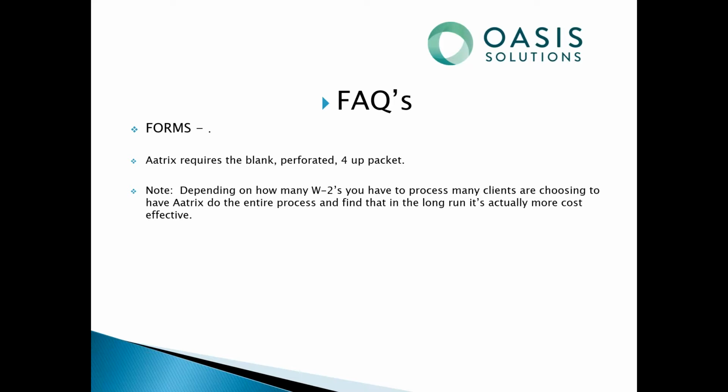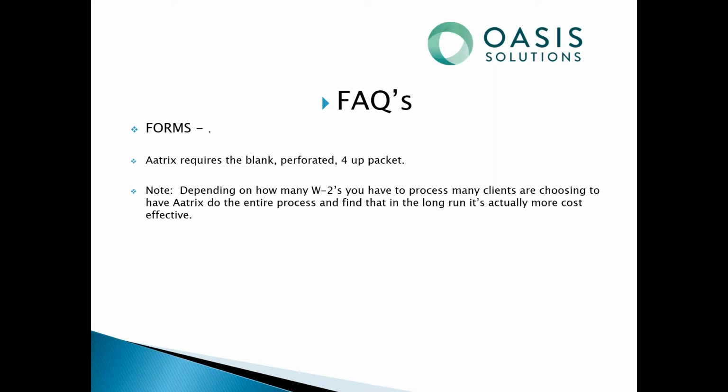As far as where you can order those forms from, you probably will have already received emails directly from Sage Software saying that you can order the forms through them, which is perfectly fine, or you can order them from any office supply company or printing company. So you do not have to order them from Sage in order for them to work.